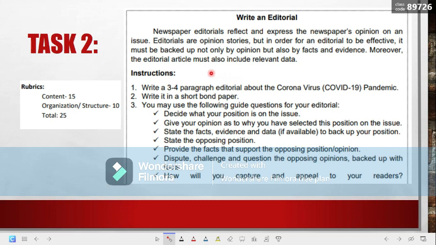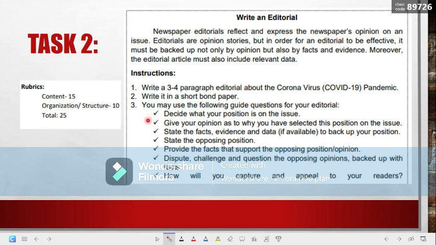Now, here's the instructions of task number 2. You have to write a 3 to 4 paragraph editorial about the coronavirus or COVID-19 pandemic. Write it in a short bond paper, but you have to attach this one in your activity notebook. You may use the following guide questions for your editorial. Decide what your position is on the issue.